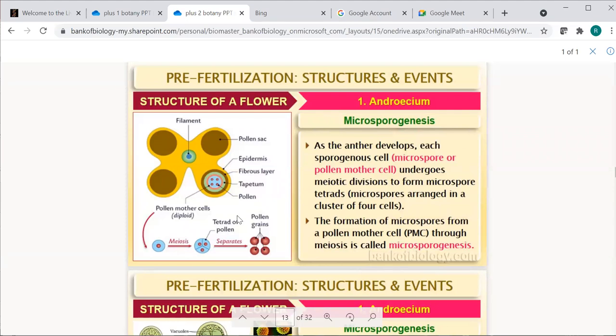Then it forms a cell where the vegetative and generative two-cell stage appears. Then through further mitosis, it forms one vegetative cell and two generative cells. So the formation of microspores from the mother cell through meiosis is called microsporogenesis.